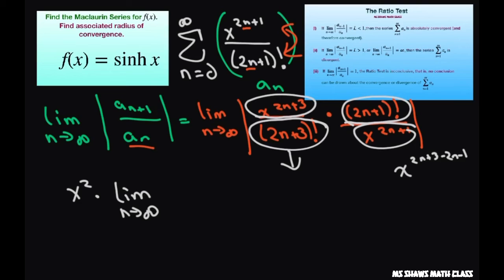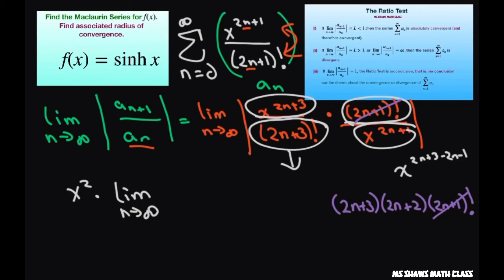2n plus 3 factorial can be written as 2n plus 3 times 2n plus 2, and you keep going down, 2n plus 1. You can keep going, but we're going to stop at 2n plus 1 factorial, so these two cancel out.